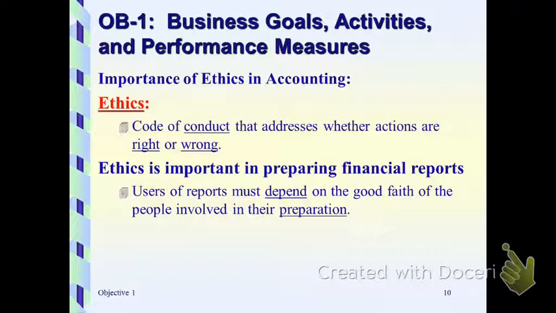Other reasons might be to meet the expectations of stockholders and analysts. Other reasons might be to obtain loans or other financing. And lastly, another reason for unethical financial reporting would be for the personal gain of those managers and or employees who would benefit personally from the improper financial reports.